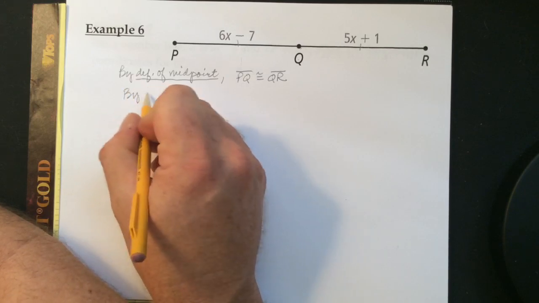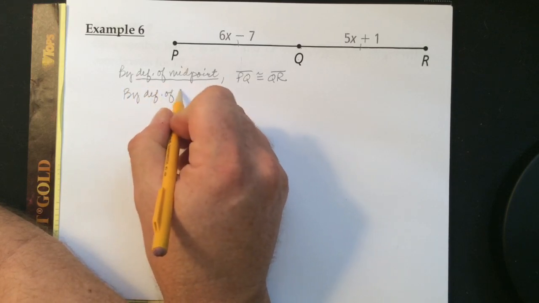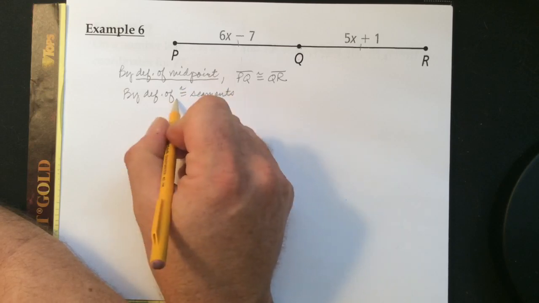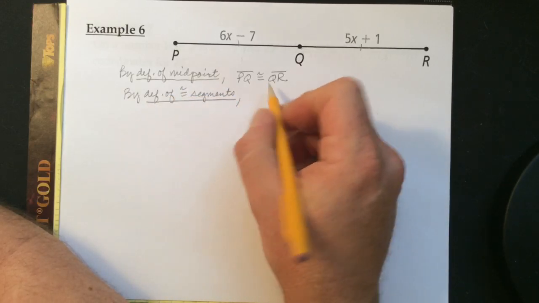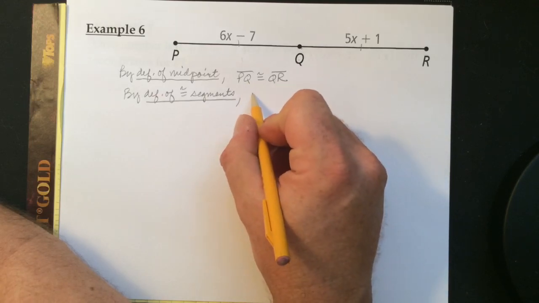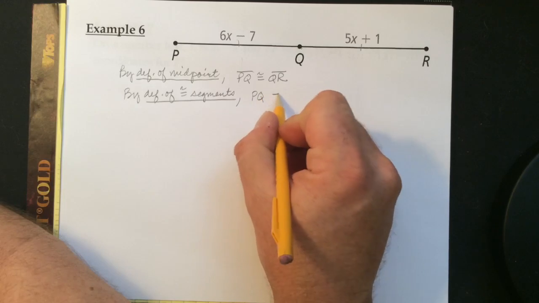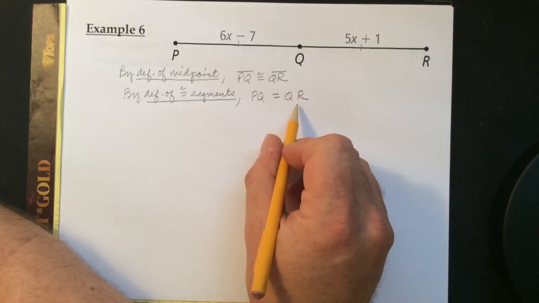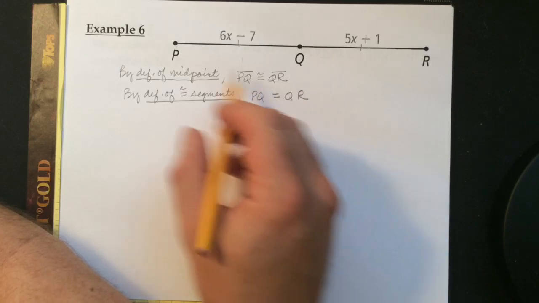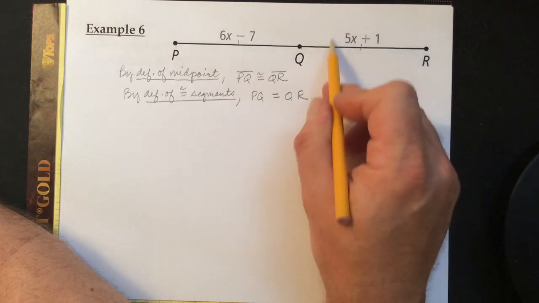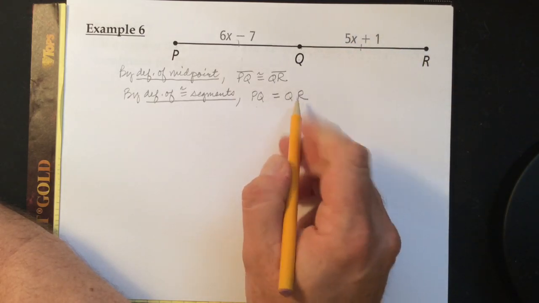By the definition of congruent segments, if two segments are congruent, their lengths are equal. So the length of PQ must equal the length of QR. Once you've established that, then you can substitute in the values for PQ and QR here and here.